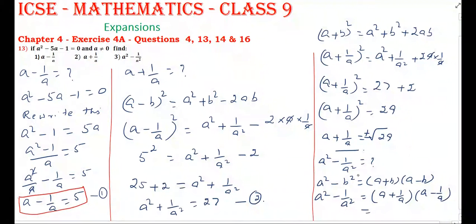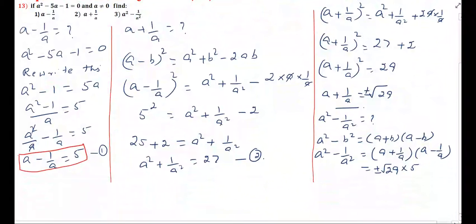So we got a plus 1 by a equal to plus or minus root 29, sorry. So now it's plus or minus root 29 into a minus 1 by a, which we already got, it's 5. So equal to plus or minus 5 root 29. So this is a square minus 1 by a square. This is the third answer.